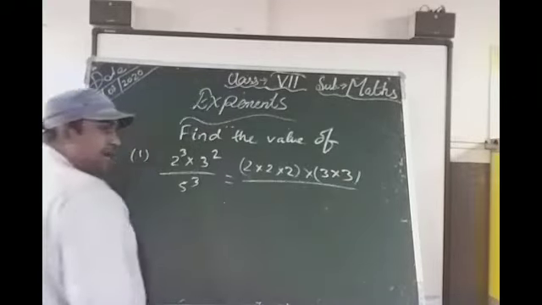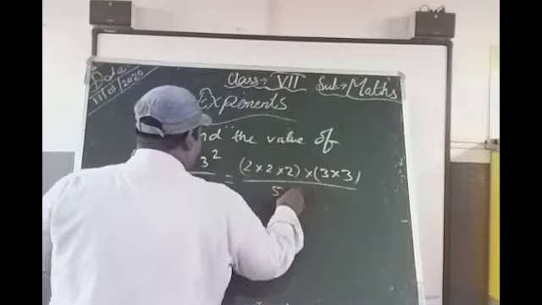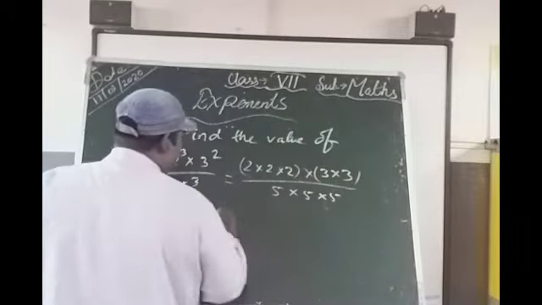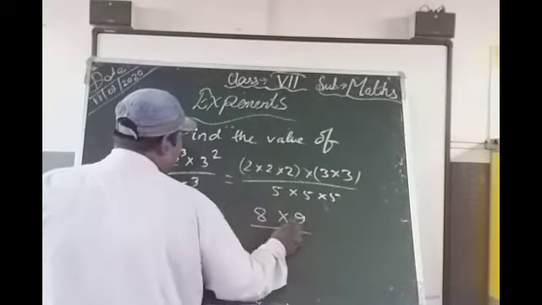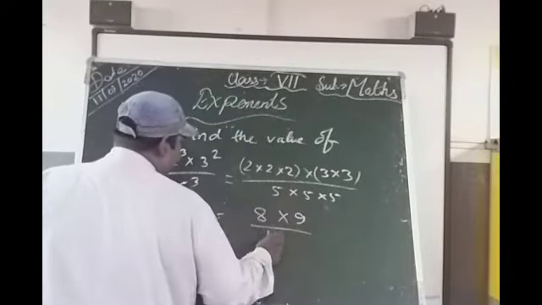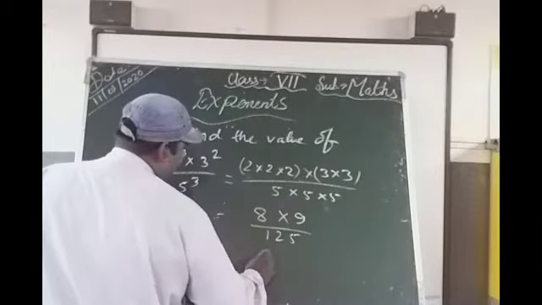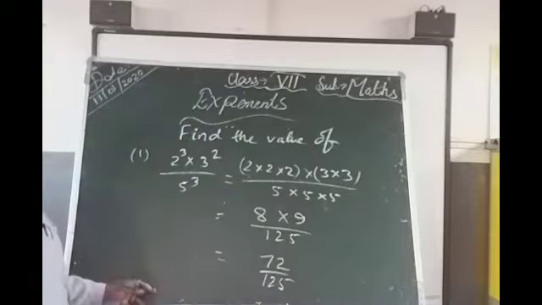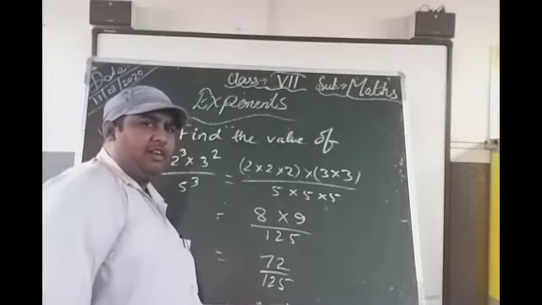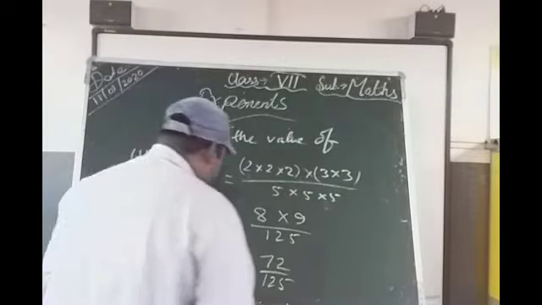We will write in the bracket and then 5 three times. What will you get? 2 into 2 into 2, 8, into 3 into 3, 9, by 5 into 5, 25 into 5, 125. Final answer will be 72 by 125.